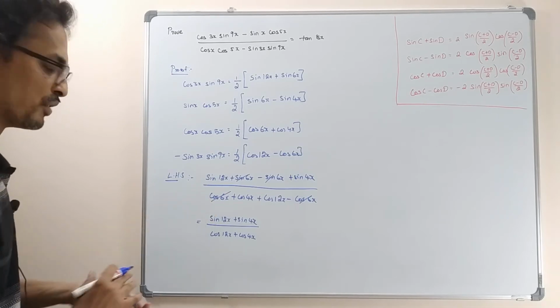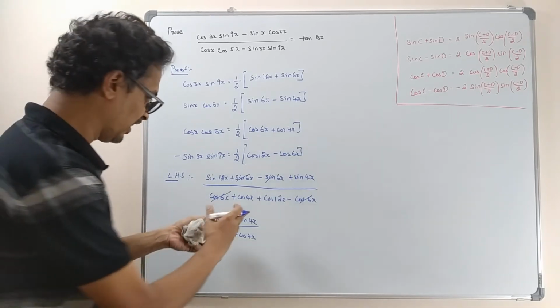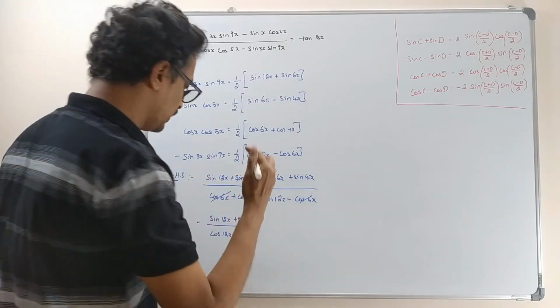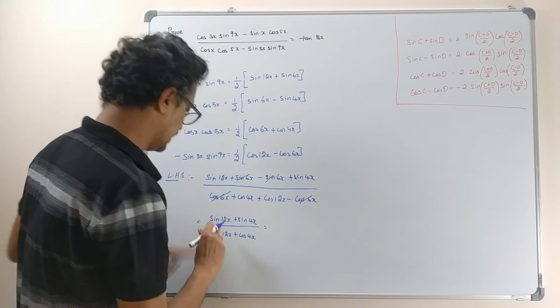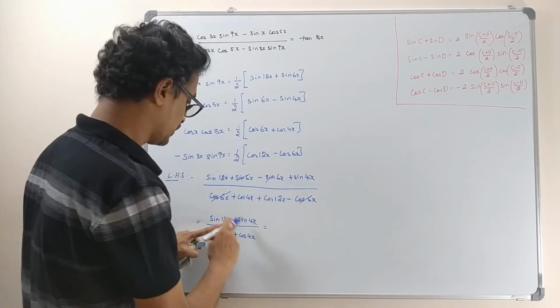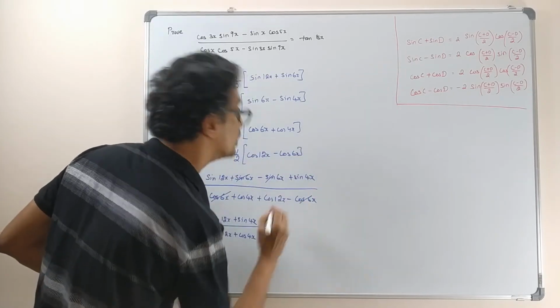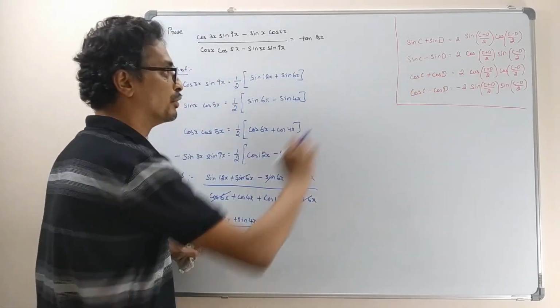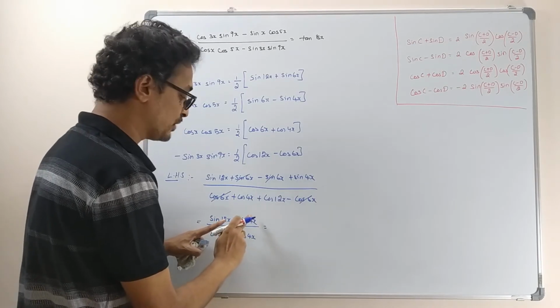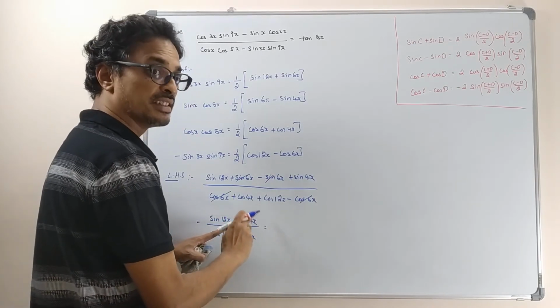Still we can use one more formula. Correct? Still we can go for the factorization formula. So let us go for it. So this is sin A plus sin B. Correct? So that will be 2 times sin (C plus D) by 2, cos (C minus D) by 2.